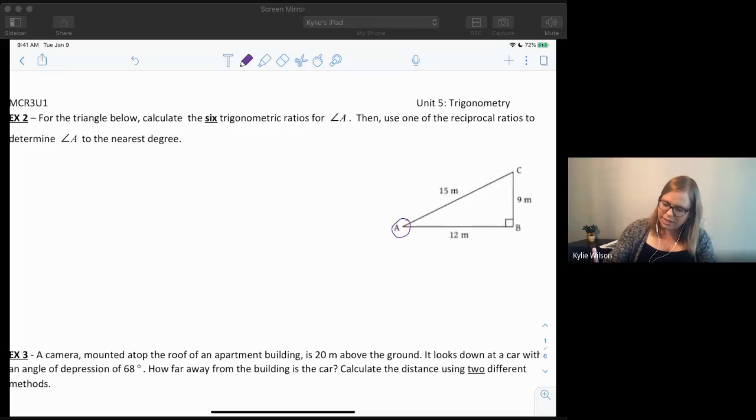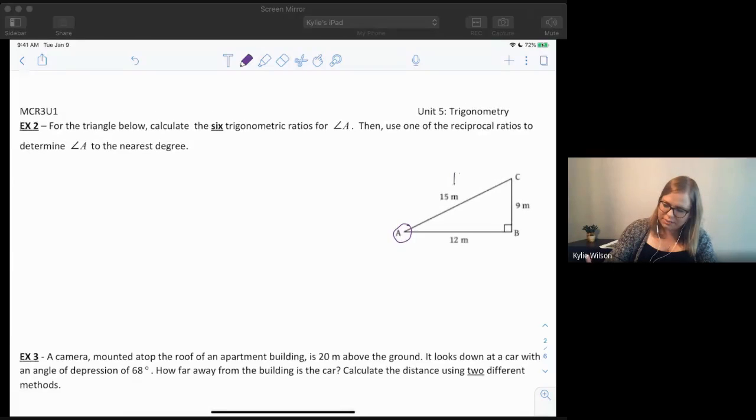So the side across from the right angle is my hypotenuse. The side that is touching my angle is my adjacent, and the side that is across from my angle is my opposite side. So now that I have that, I'm just going to start working through all of my ratios.